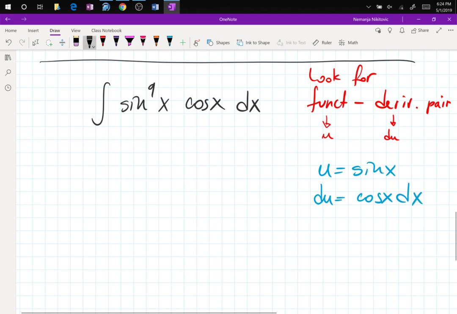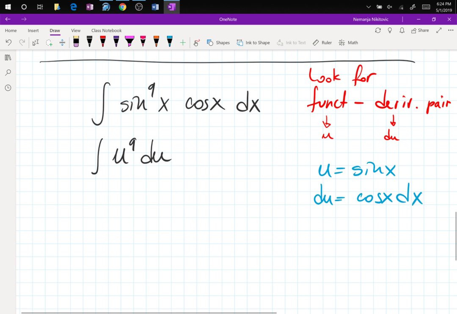Yes! My sine x is raised to the 9. That's u to the 9. Cosine x dx is du. This whole puppy over here, there it is. See that? Matches. And you just get swapped. Just replace it as a unit.